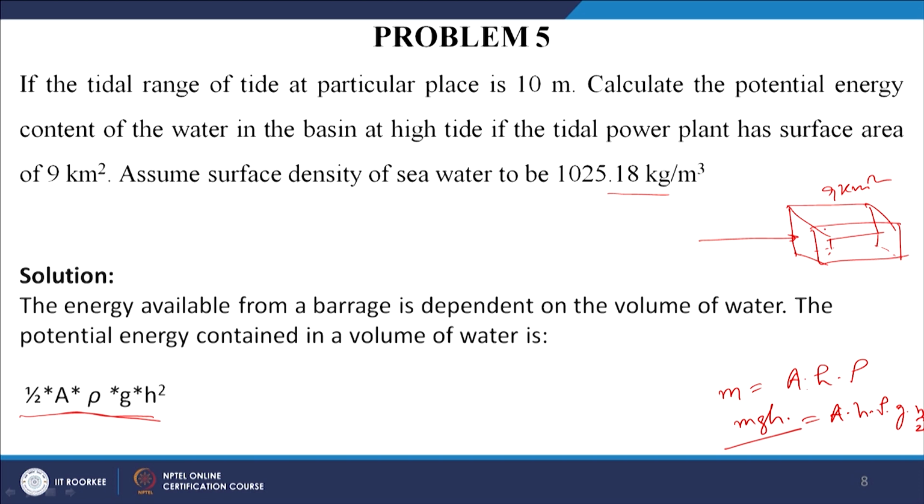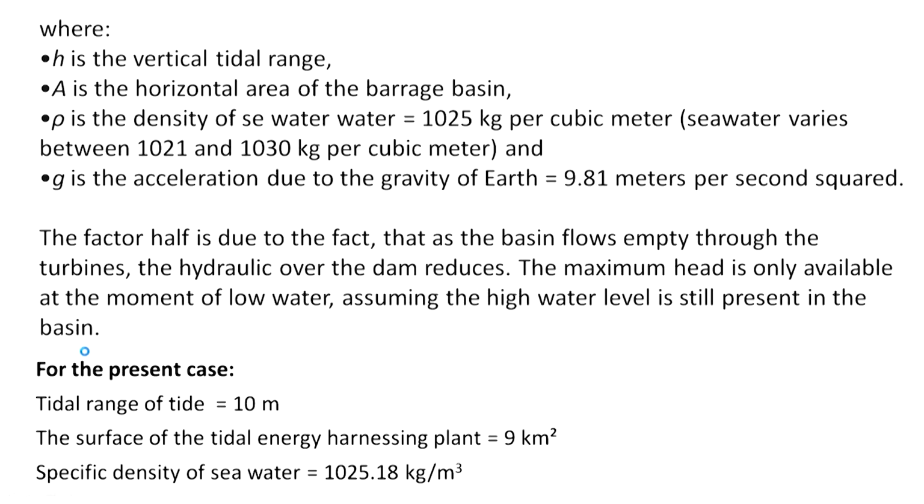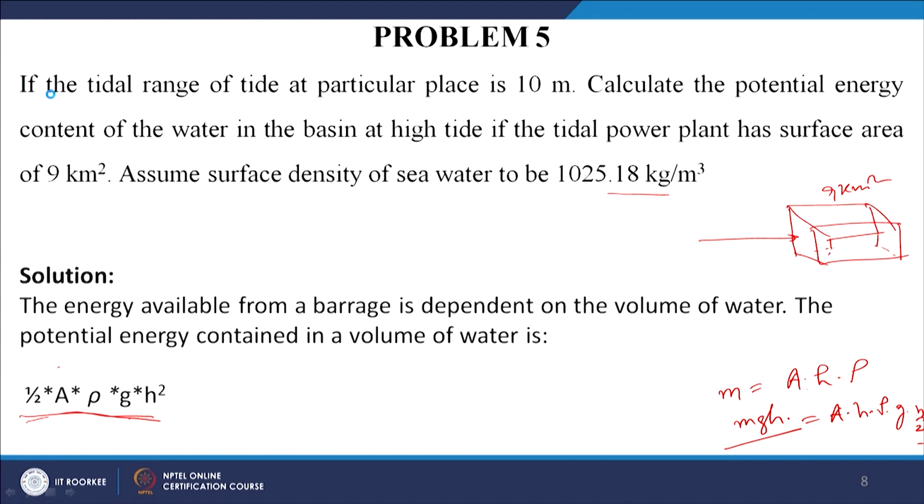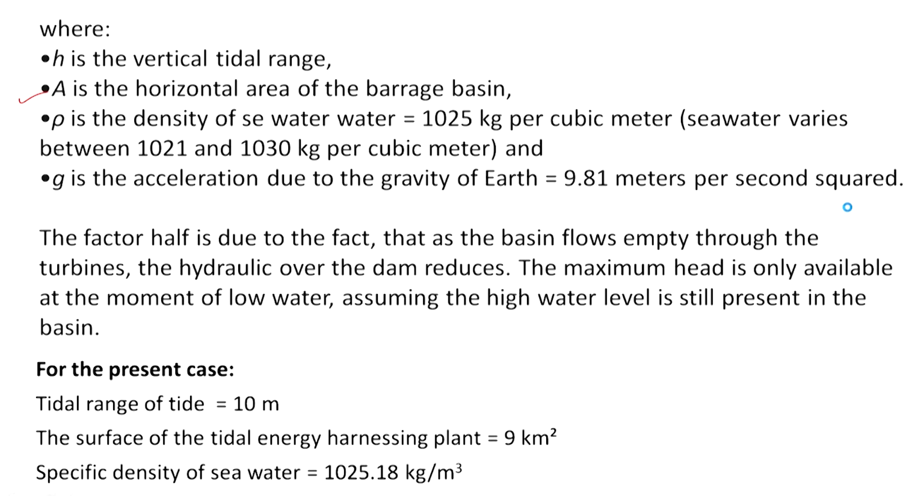The water height is not fixed here, so H by 2 we are taking as the average height. So, half into A into rho into G into H square is the potential energy of the tidal barrage. In this case H is the vertical tidal range and A is the horizontal area of the barrage basin, and rho is the density of the sea water.